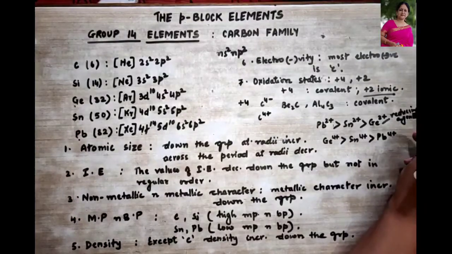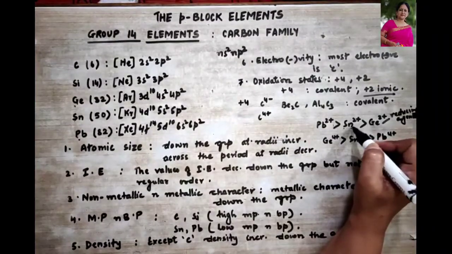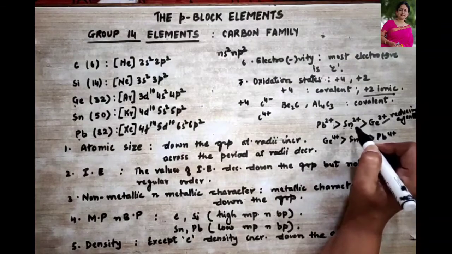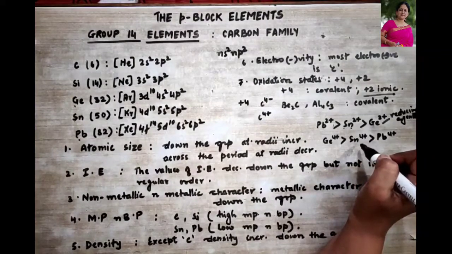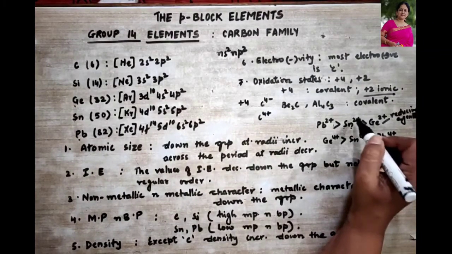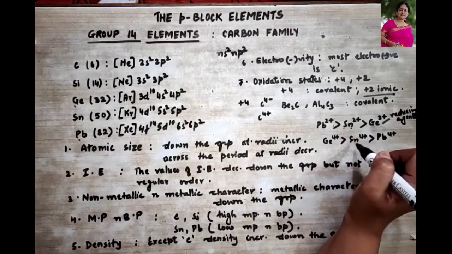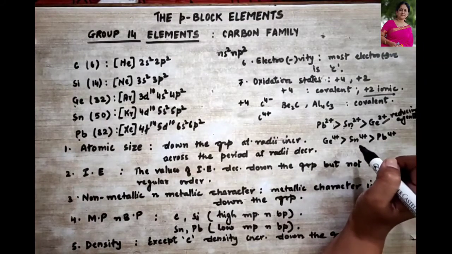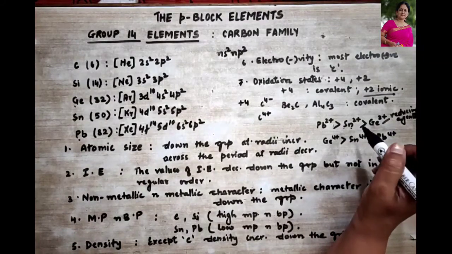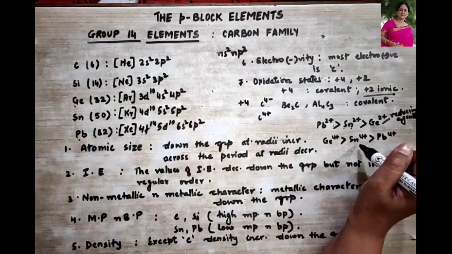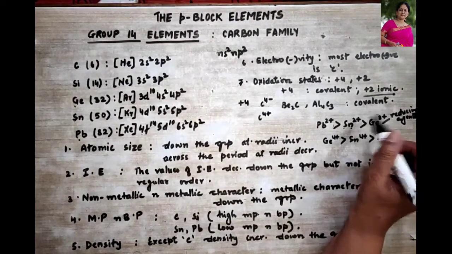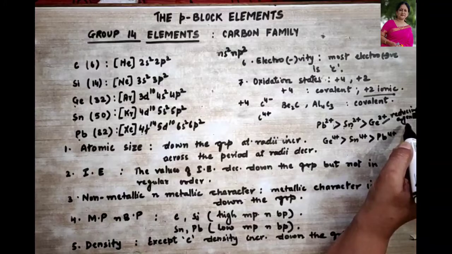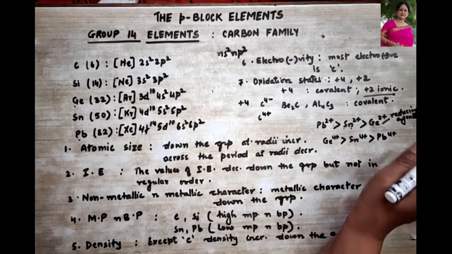This point is clear. Now let me talk about Sn2+. They are also less stable than Sn4+. Why so? Now I am comparing the oxidation states of the respective elements, right? So Sn2+ is less stable than Sn4+ compounds, and hence they get oxidized to +4 compounds. We can also say that Sn2+ is also a good reducing agent, right?